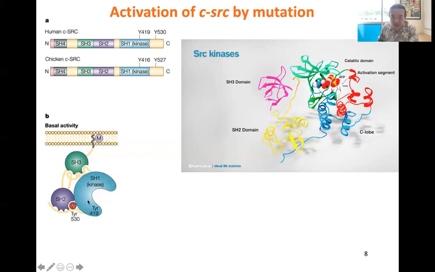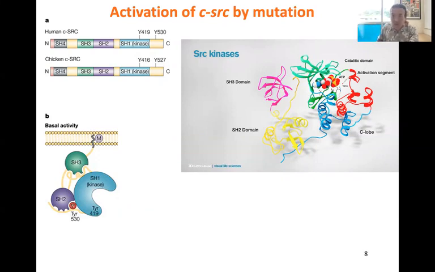The SH1 domain is the kinase domain. Src functions as a kinase, meaning its job is to transfer phosphate groups from one protein to another protein, and in doing so, encouraging target proteins to change their shape and activate once they have a phosphate group stuck to them.